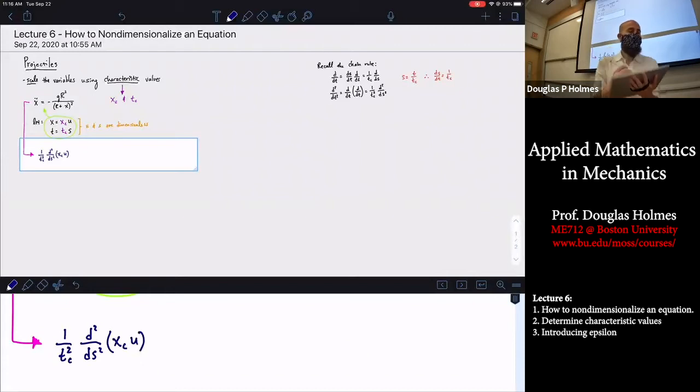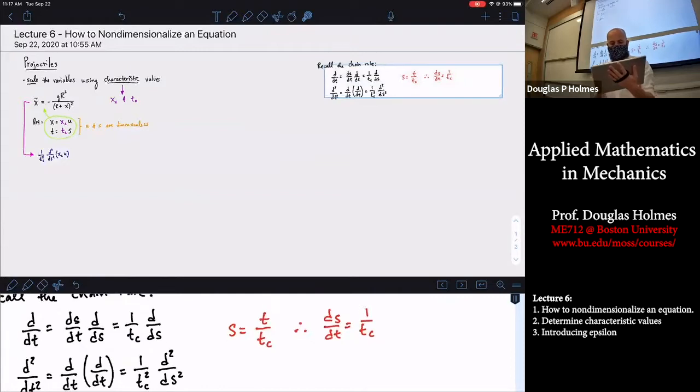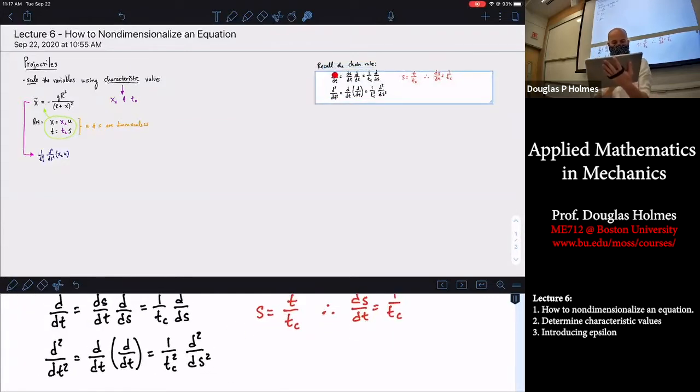Professor? Yep. I'm not sure if I'm just doing this wrong in my head, but is that supposed to be negative 1 over tc squared? I don't think so. If I go back over here, d by dt is equal to ds by dt times d by ds.